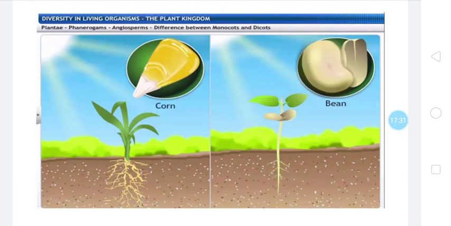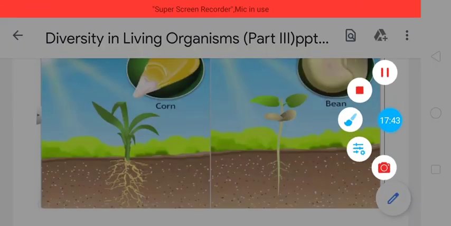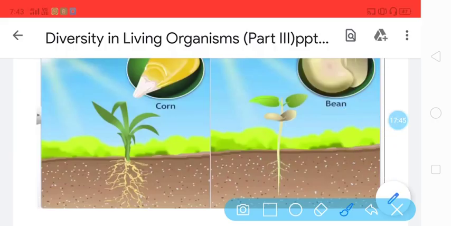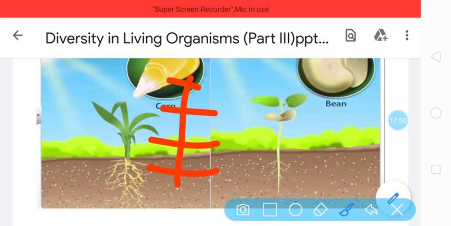The next characteristic is the presence of nodes and internodes on monocot plants. You all know what nodes and internodes are. On a plant, nodes and internodes are present. Bajra, jawar, wheat and maize all have nodes and internodes.